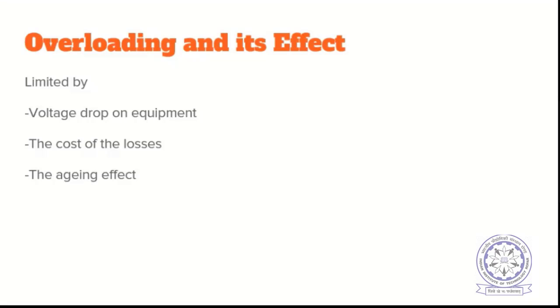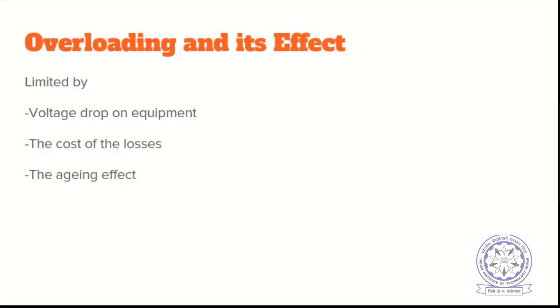So I into X or I into Z, the leakage impedance drop, will ultimately cause the voltage drop. It cannot be too much; the voltage should be within certain limits, the voltage regulation. Therefore, the overloading is limited by voltage drop. We cannot have excessive current, which will cause more voltage drop on the line.